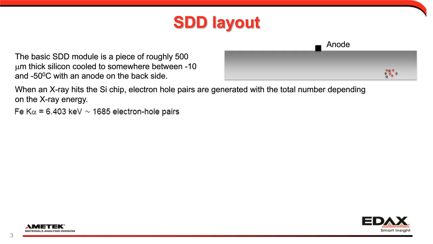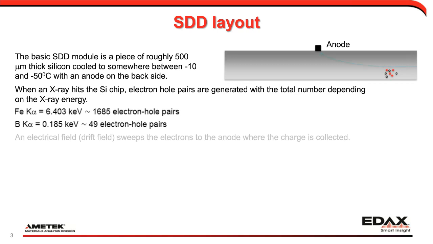If we're looking at boron, though, down in the low energy range, where we only have 185 eV of energy in the X-ray, we're only generating roughly 50 electron hole pairs inside the silicon. And that's what we're actually counting when we count the X-rays, the electron hole pairs. So we really need a high sensitivity and low noise system in order to differentiate these very few electron hole pairs inside the device.